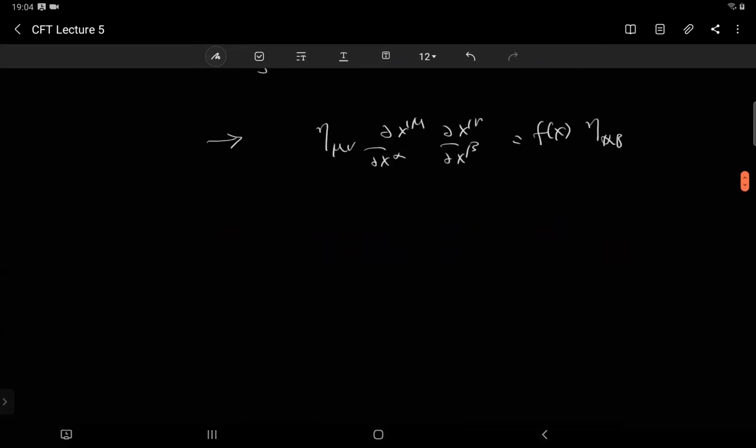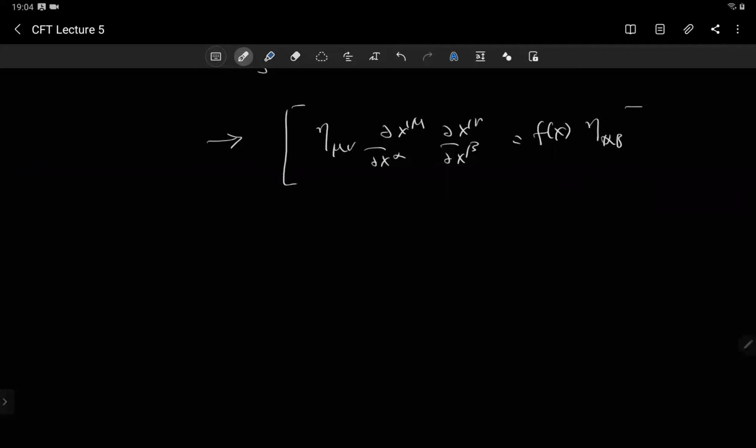So conformal transformations are those under which the metric transforms in this way.